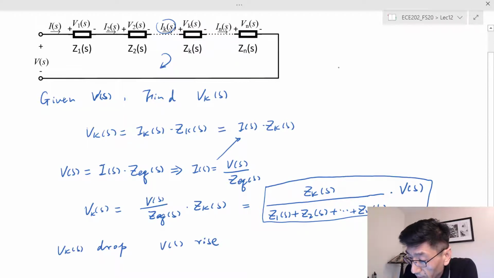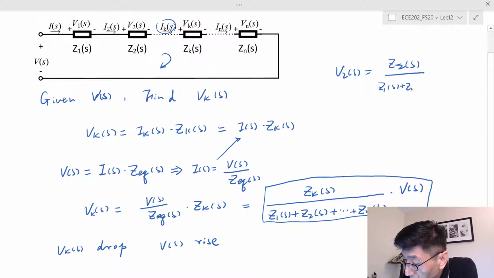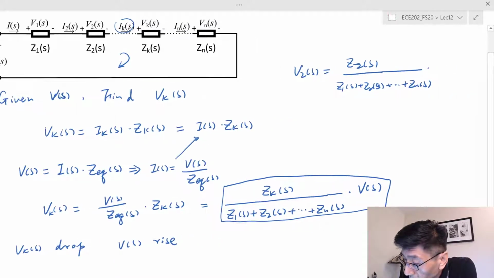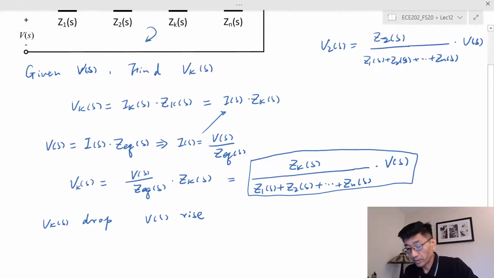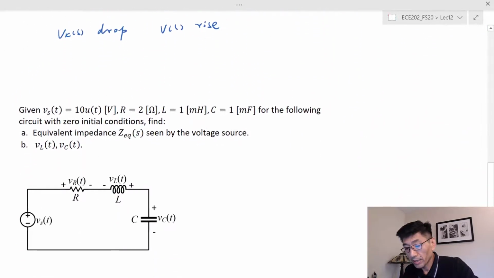So in that case, if you want to find V2, V2s is just equal to Z sub 2 over Z eq, which is Z1 plus Z2 plus up to Zn s, times the total voltage Vs. So just be very careful when you apply this voltage division rule. Okay, let's look at an example here.